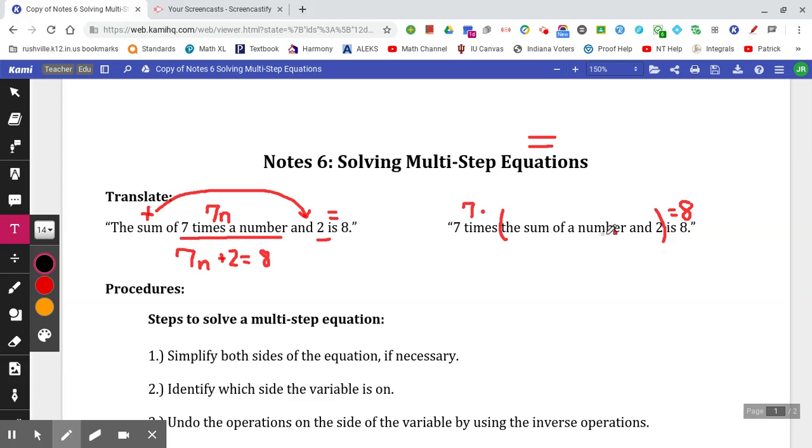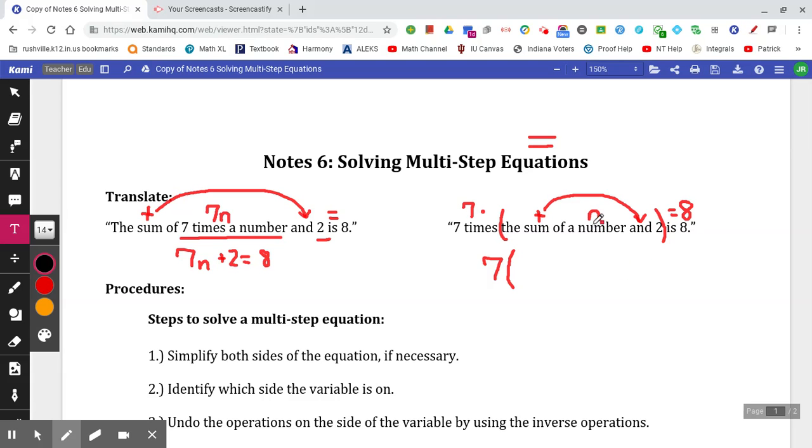So the sum of a number and 2. Once again, sum means addition and tells me where I'm going to place that addition sign. So the sum of a number, let's go ahead and call it n again, and 2. So putting all of this together, we're taking 7 times, but I'm not going to put the multiplication symbol. Instead, I'm just going to put them right together, and that means implied multiplication. And then I'm taking 7 times all of this, so I need to group all of this together, which means I need my parentheses.